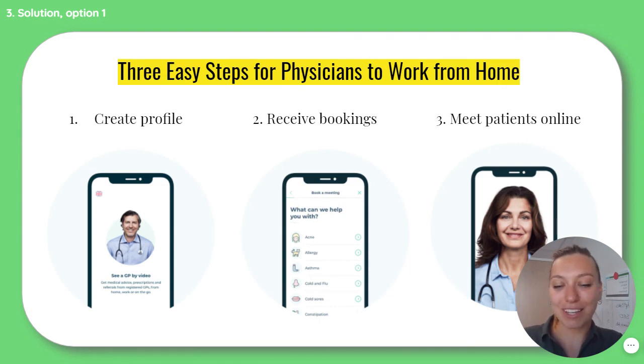All right, moving into the solution. The best way to explain your solution is with this 1, 2, 3 process, showing very simplified what people are doing with your product, and of course visualizing it very clearly, so you can see what your user interface looks like.